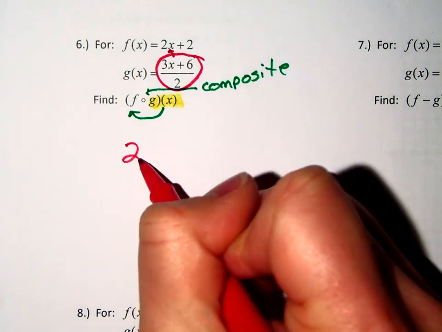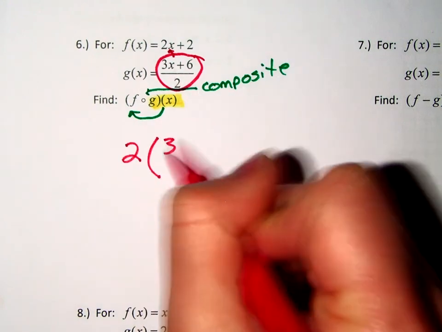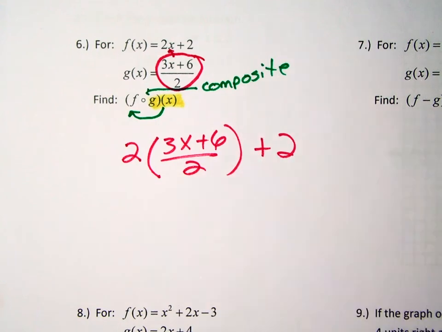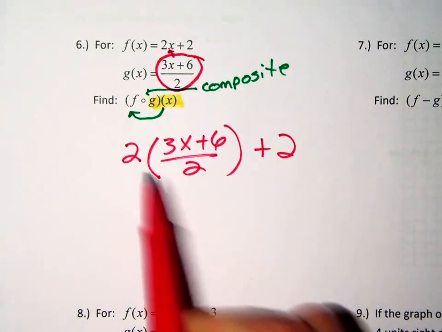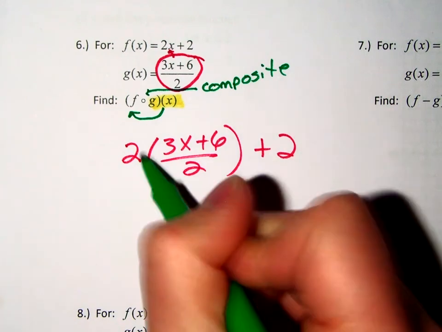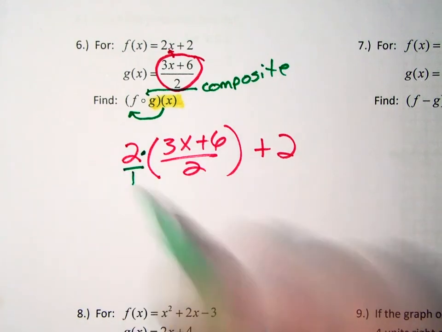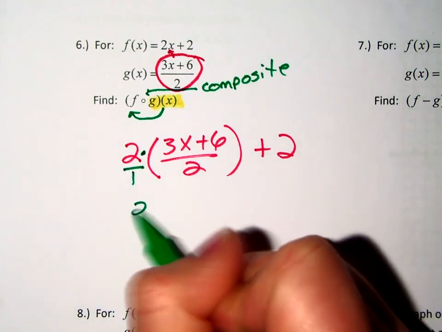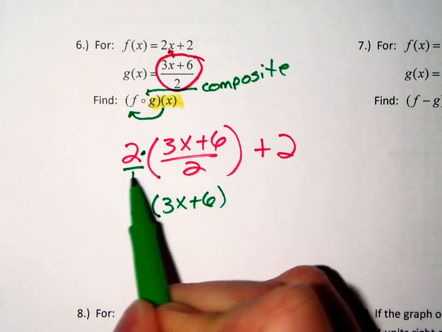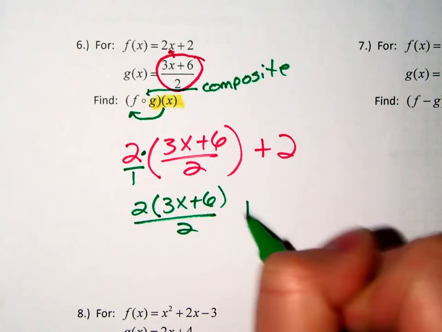So I would have 2. Instead of x, it'll be 3x plus 6 over 2, and then plus 2. So to simplify this, there's really, what's happening between these is multiplication. And if I'm multiplying, I really want a fraction times a fraction. So this is really saying 2 times everything on the top, because we're multiplying the top, and 1 times 2 on the bottom, would be 2 plus 2.